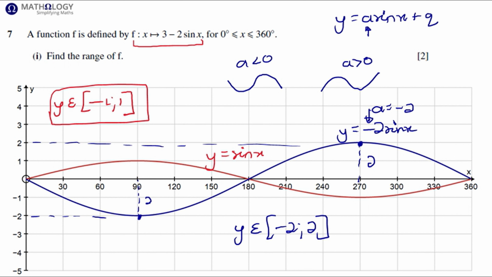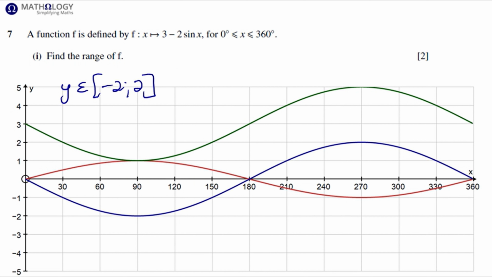Now for the function f of x equals 3 minus 2 sine x, f of x is the function minus 2 sine x shifted 3 units up. So the green function is now f of x, which is 3 minus 2 sine x.